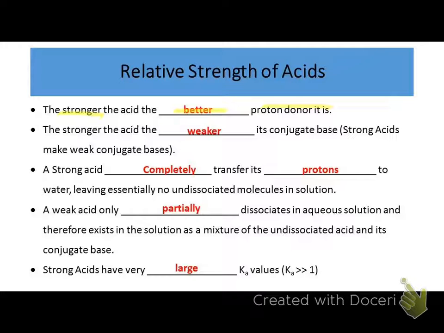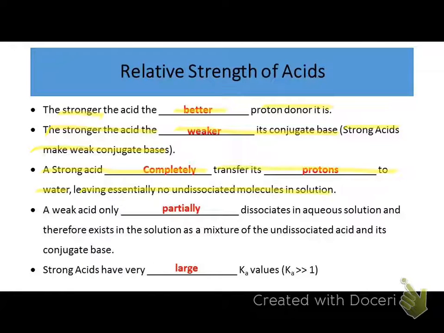The stronger the acid, the weaker its conjugate base is, which we talked about earlier with that table. In other words, strong acids make weak conjugate bases.